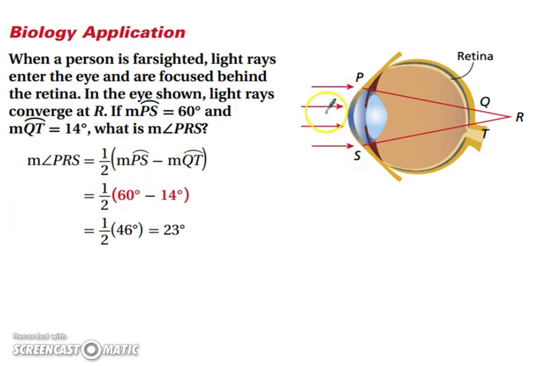So PS is 60 degrees and QT is 14 degrees. It wants us to find this angle measure. So 1/2 times 60 minus 14 will give us 23 degrees.